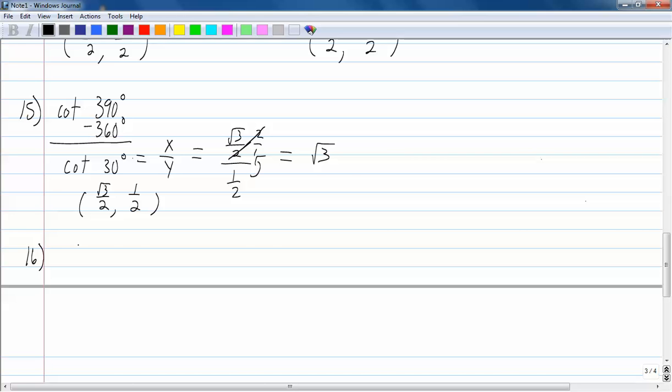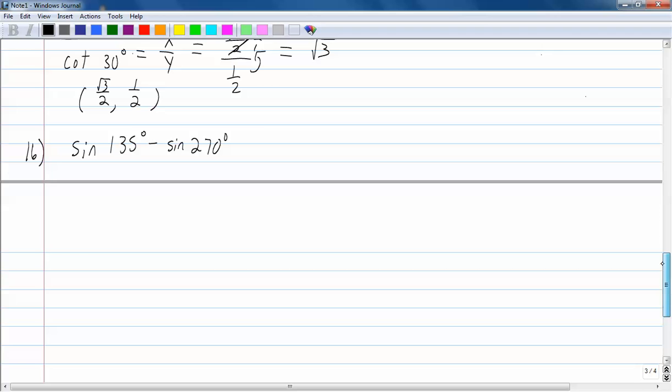Alright, number 16, the sine of 135 degrees minus the sine of 270 degrees. So I have two problems to work out, and then I'm subtracting. First, to find the sine of 135 degrees, we need to figure out two things.